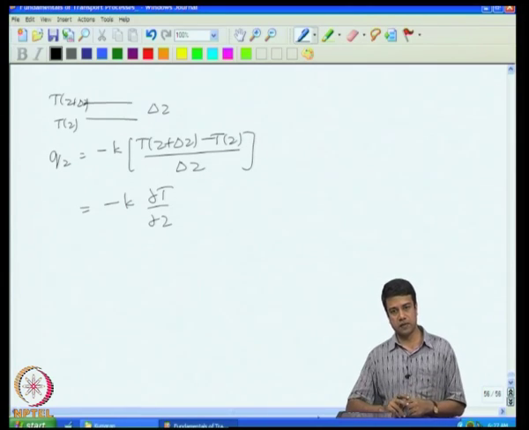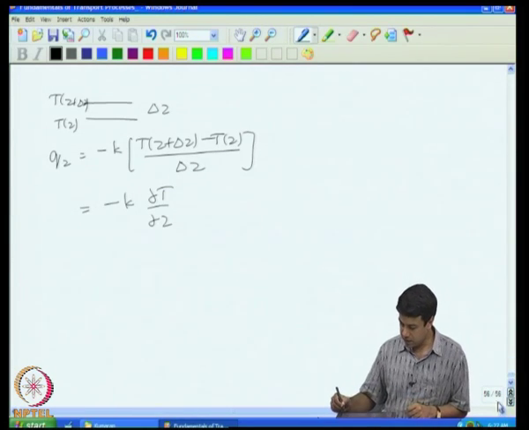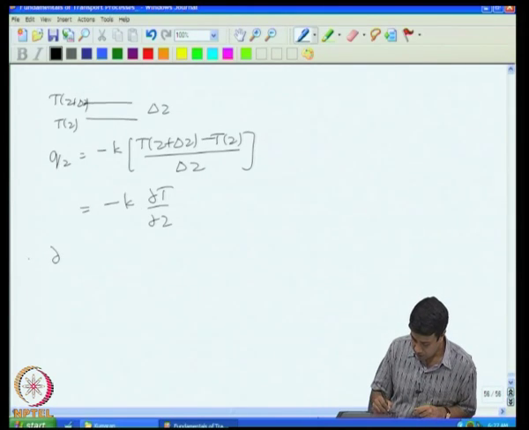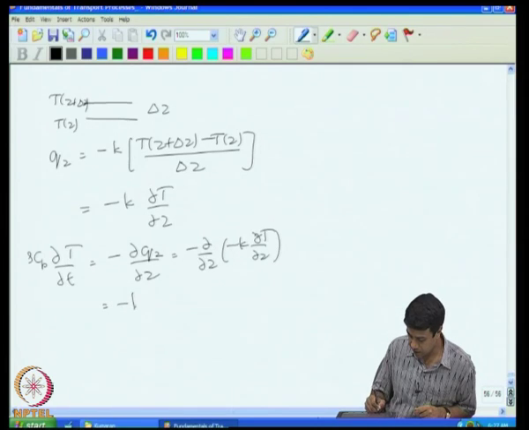Once again, for the partial derivative, I am taking the variation of temperature with respect to the z coordinate, keeping x, y and t constant. So, once I have that, if I insert this into the previous equation, rho Cp partial t by partial t is equal to minus partial Qz by partial z, which is minus partial by partial z of minus k dt by dz, which is equal to k d square t by dz square.